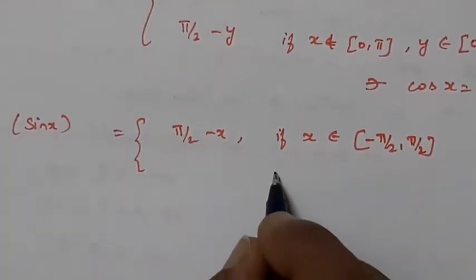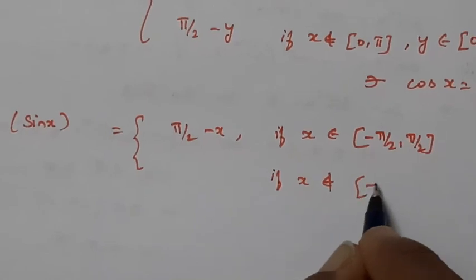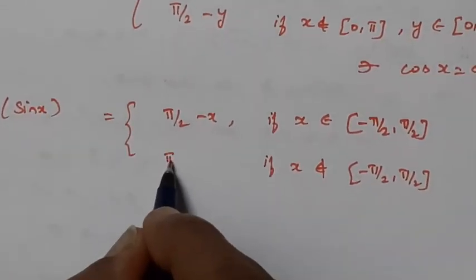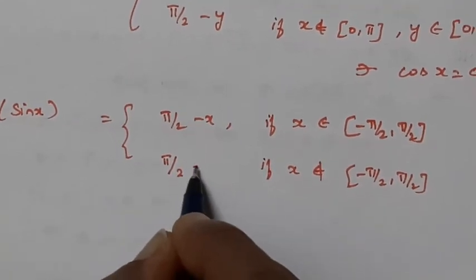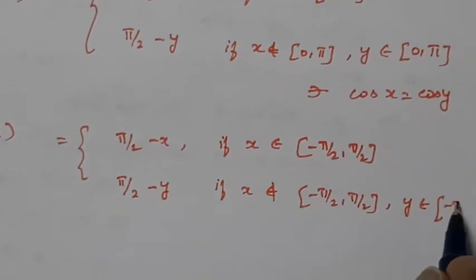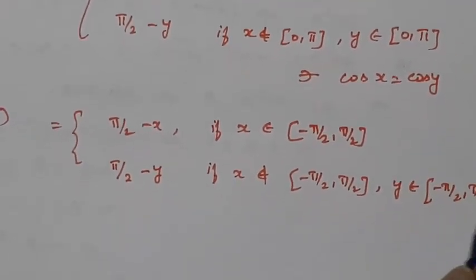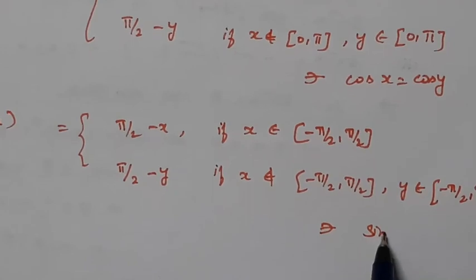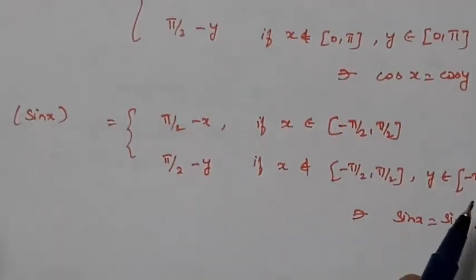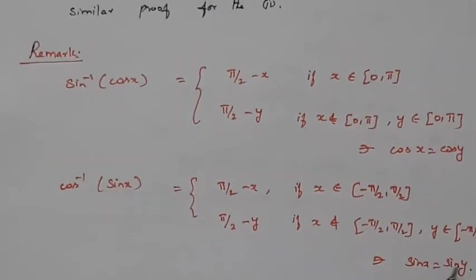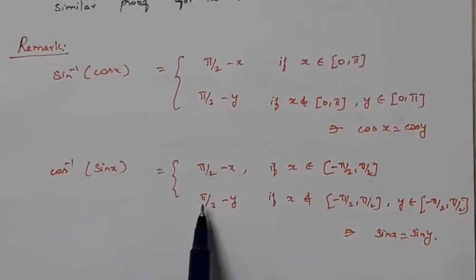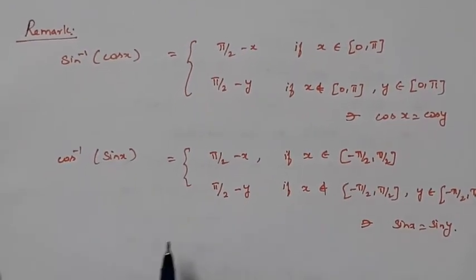And if this x does not belong to the closed interval minus pi by 2 to pi by 2, we have to find another y such that it is equal to pi by 2 minus y, where y belongs to the same interval minus pi by 2 to pi by 2, such that sin x and sin y are equal. So, you have to find another alternate angle in the same interval minus pi by 2 to pi by 2 whose sine values are equal, and therefore, cos inverse of sin x is equal to pi by 2 minus y in that case. Okay.